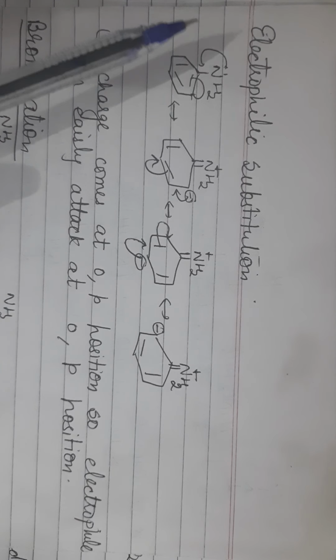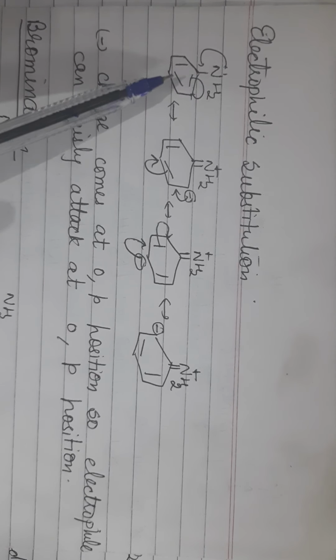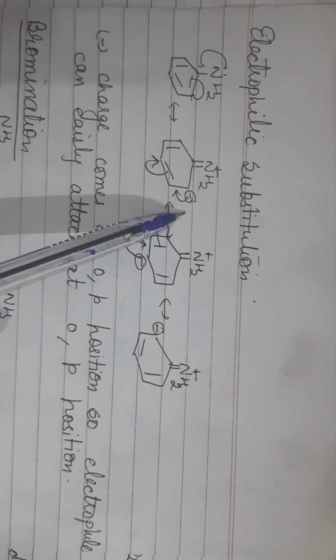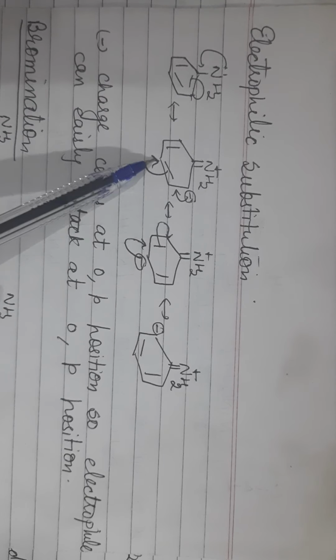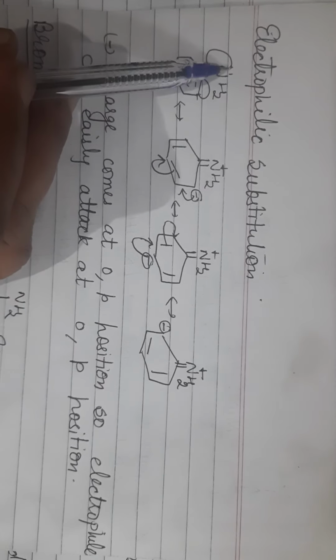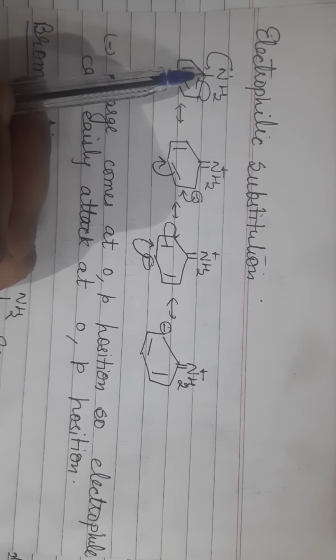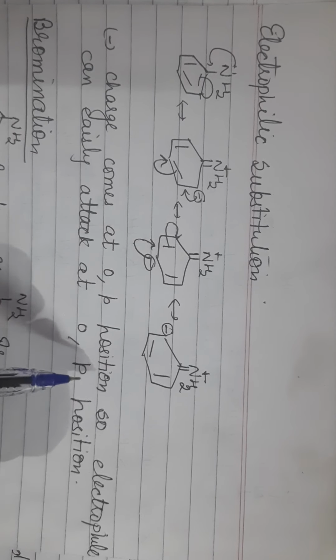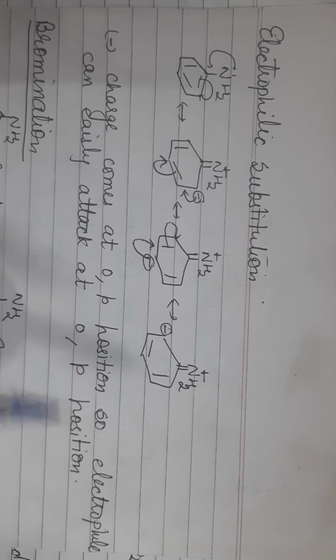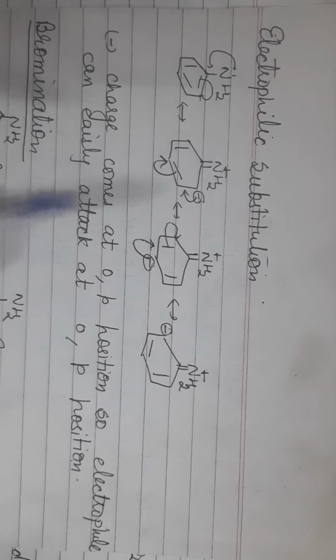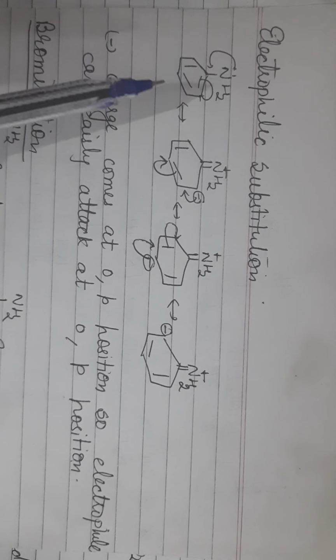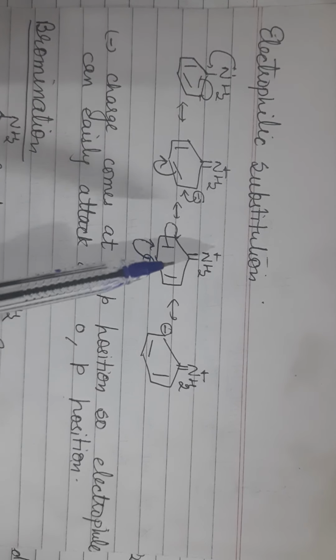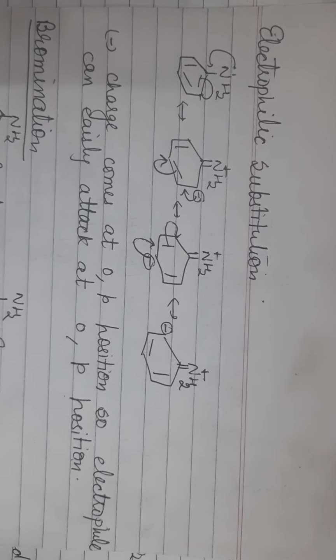Due to resonance, negative charge comes at the ortho and para positions. Why? Because the lone pair present on nitrogen gets delocalized over the benzene ring, so negative charge comes at the ortho and para positions due to resonance. So an electrophile can easily attack at the ortho and para positions, and that's why aniline undergoes electrophilic substitution at the ortho and para positions.